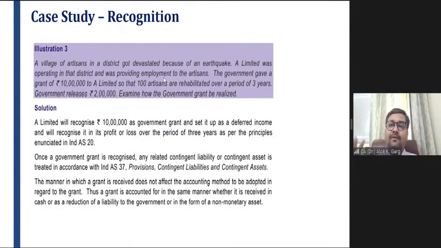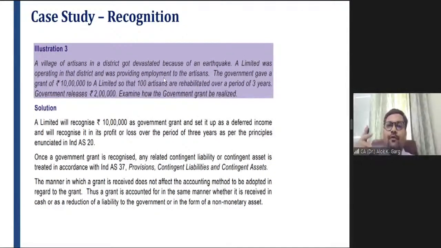And out of 10 lakh rupees, government has only released 2 lakh rupees. So tell me whether this government grant can be recognized and how it will be recognized.